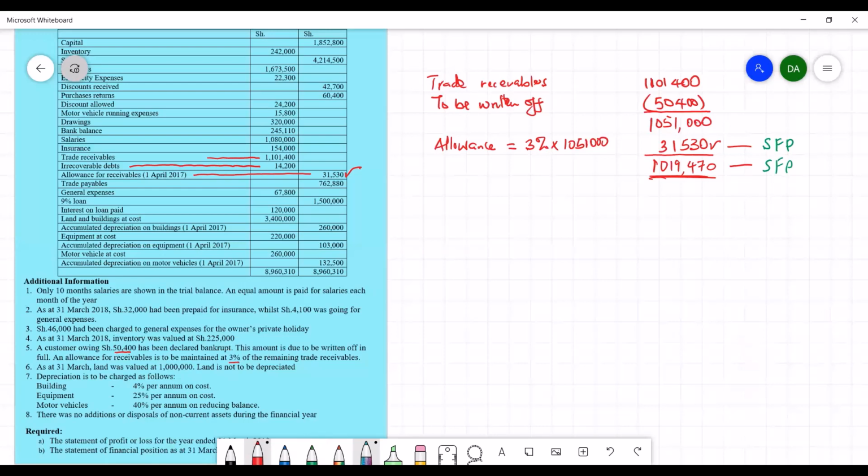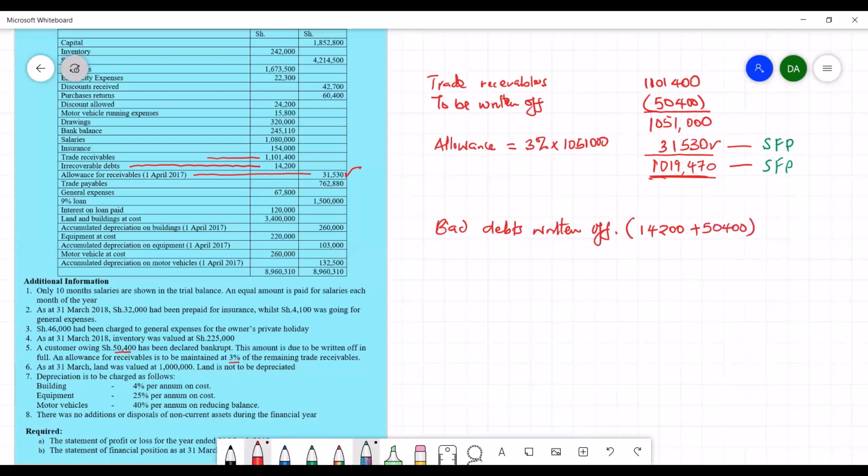But when we go to the statement of profit or loss, we are going to present bad debts written off as $14,200 plus 50,400.